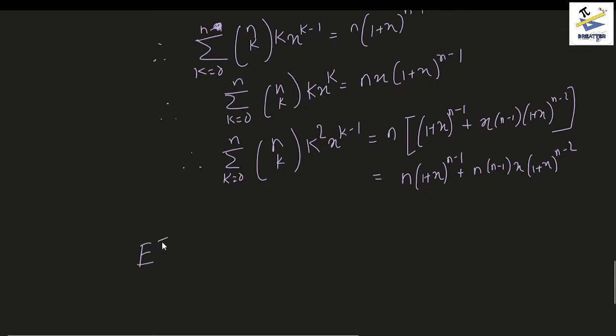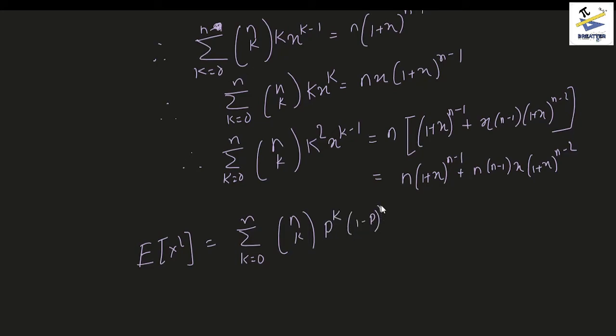Expectation of x square can be written as summation k equals 0 to n nCk p to the power k into (1 minus p) to the power n minus k, and you can take the (1 minus p) to the power n part outside, and write this as summation k equals 0 to n nCk (p by 1 minus p) to the power k.